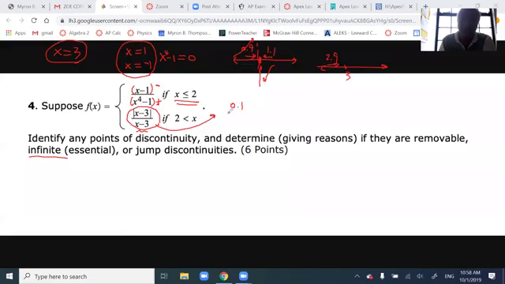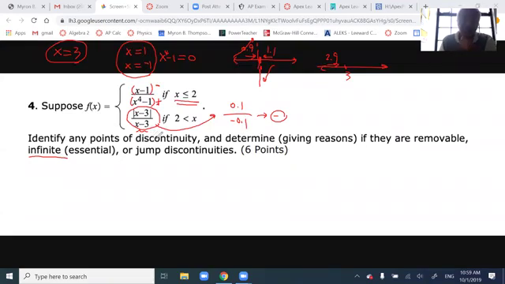But the bottom one, 2.9 minus 3, is negative 0.1. So overall, this is negative.